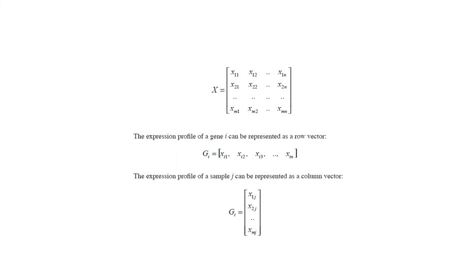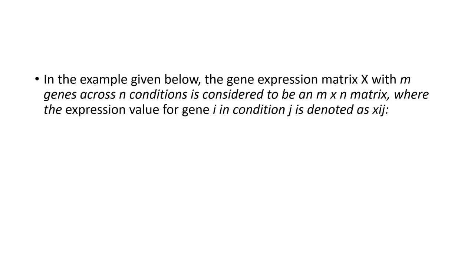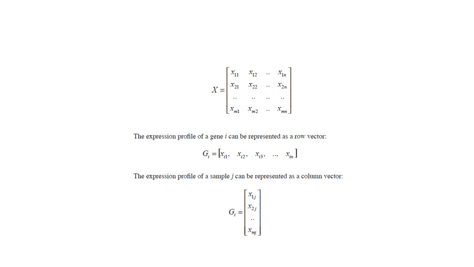The column shows the experimental conditions and the row shows the genes. The expression value is shown by Xij. So this is the matrix, in which we can see the row vector and column vector. Now the expression profile is clear. Okay, now this topic is over.